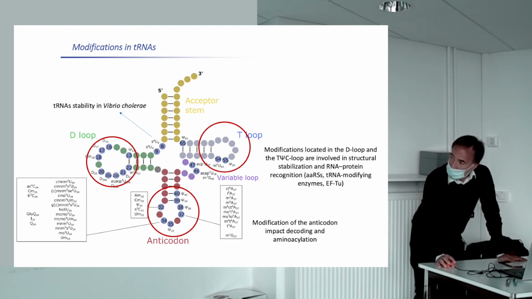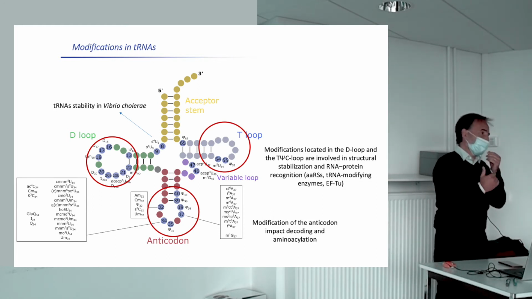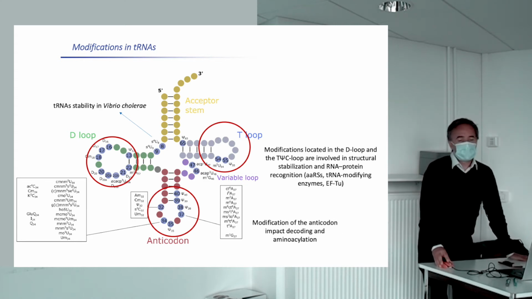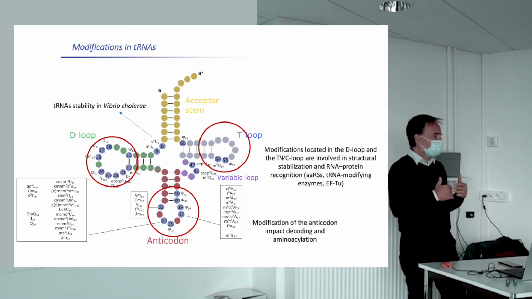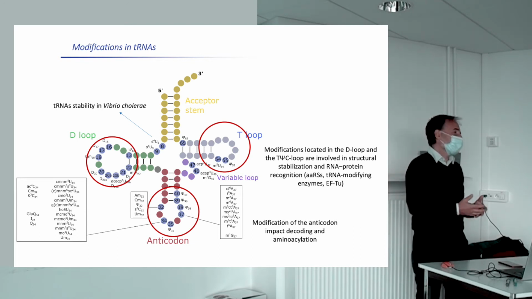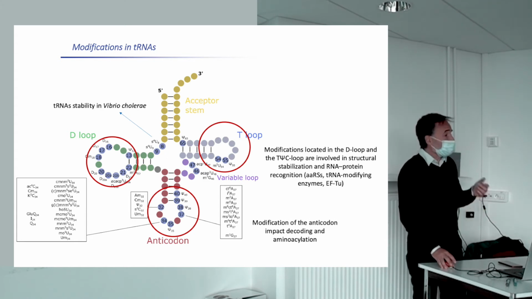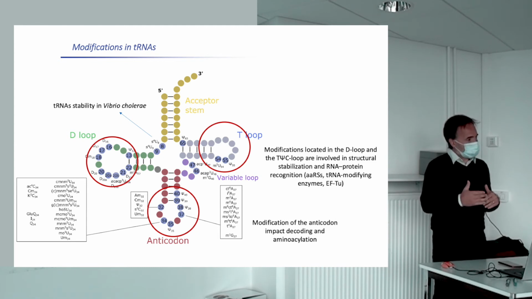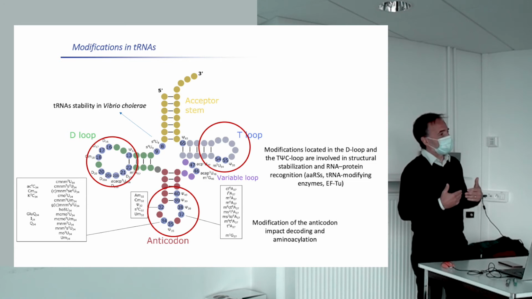The modifications in the anticodon loop are really important for the decoding process. The modifications on the D and T loops are important for the structure of the tRNA and for the interaction of the tRNA with proteins, for example aminoacyl tRNA synthetases or modification enzymes, because there is a kinetics of the production of the modifications on the tRNA molecule.